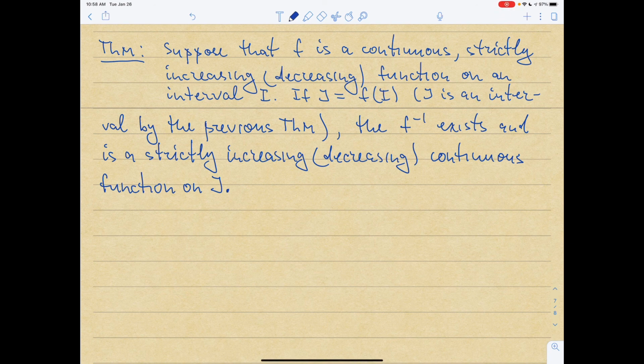So if I have a strictly increasing continuous function, then the inverse would exist and be also a strictly increasing continuous function. Or I can replace increasing with decreasing everywhere.